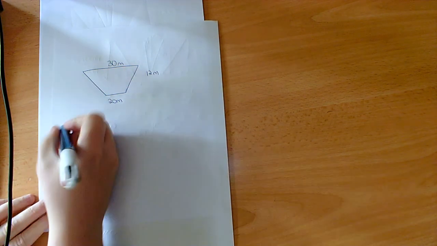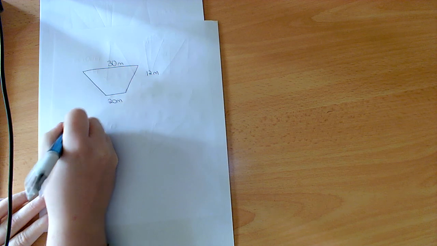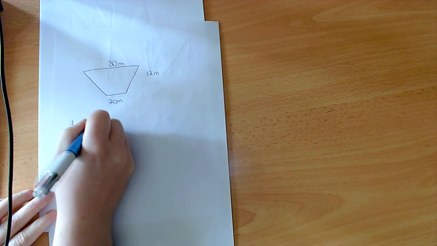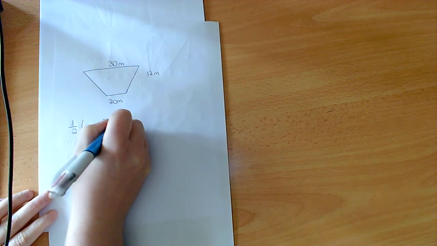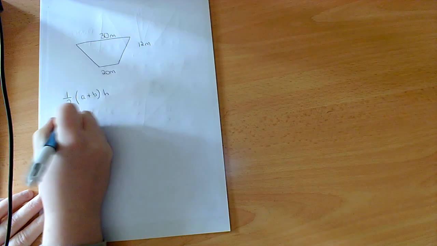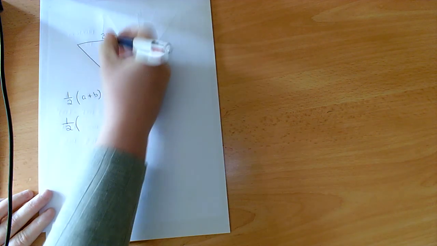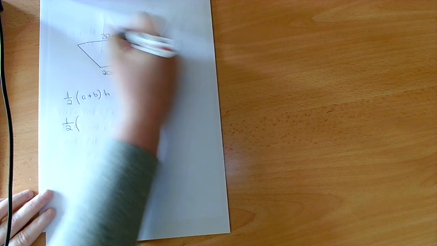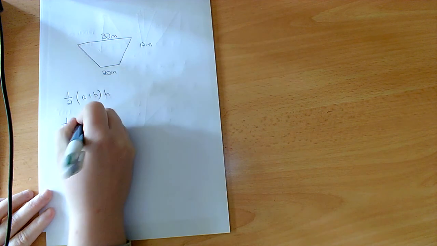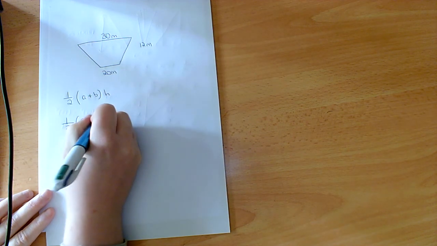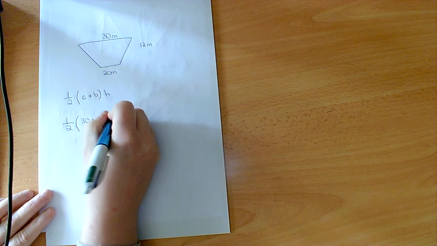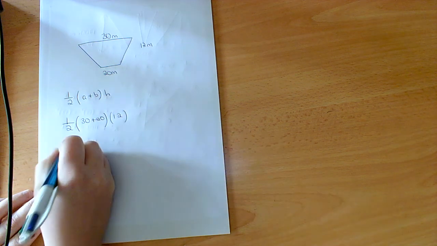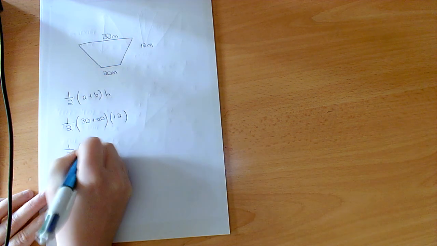My A and my B are always these two, and this here is my perpendicular height. So I have a half, 30 plus 20 bracket 12. So I have a half of 50 bracket 12, and when I put that into my calculator, I get 300 metres squared. So now I have the area of my full trapezium is 300.